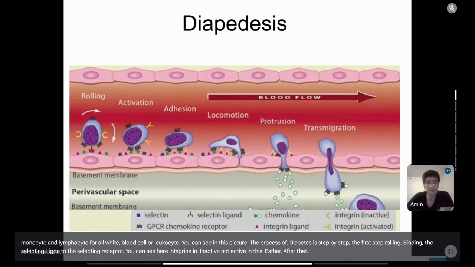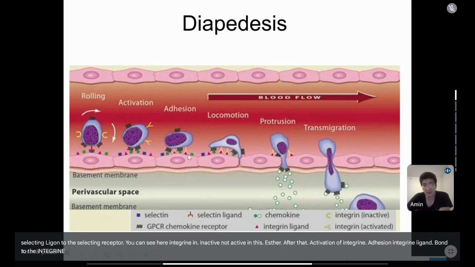After that, activation of integrin, adhesion, integrin ligand binds to the integrin receptor located on the surface of endothelial cell, and locomotion, protrusion, and transmigration between two endothelial cells, coming out from blood vessel to connective tissue.